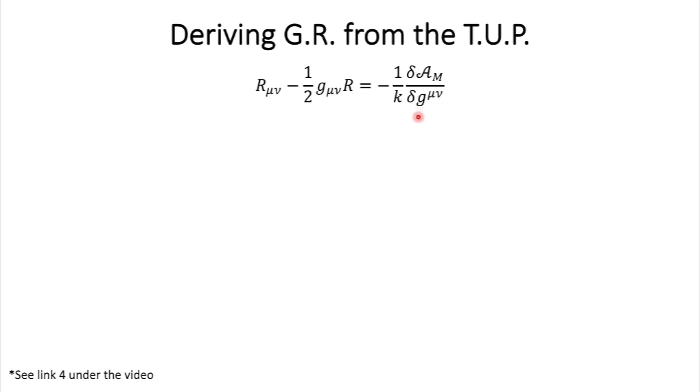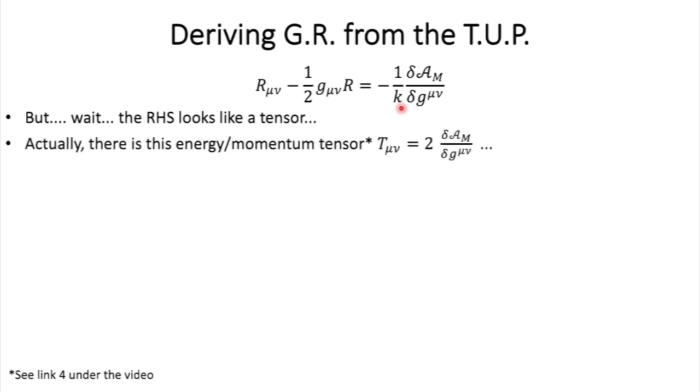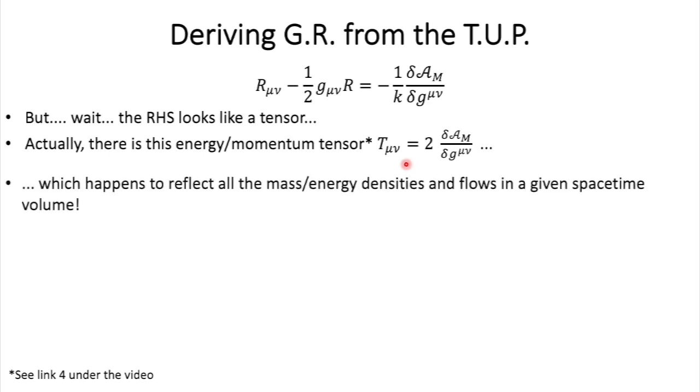But wait, this actually not only looks like a tensor, but actually, I know, there is this energy momentum tensor called T mu nu, which is equal to that. And we're not far from that here. And this tensor here, T mu nu, happens to reflect all the mass, energy, densities, and flows in a given space-time volume.